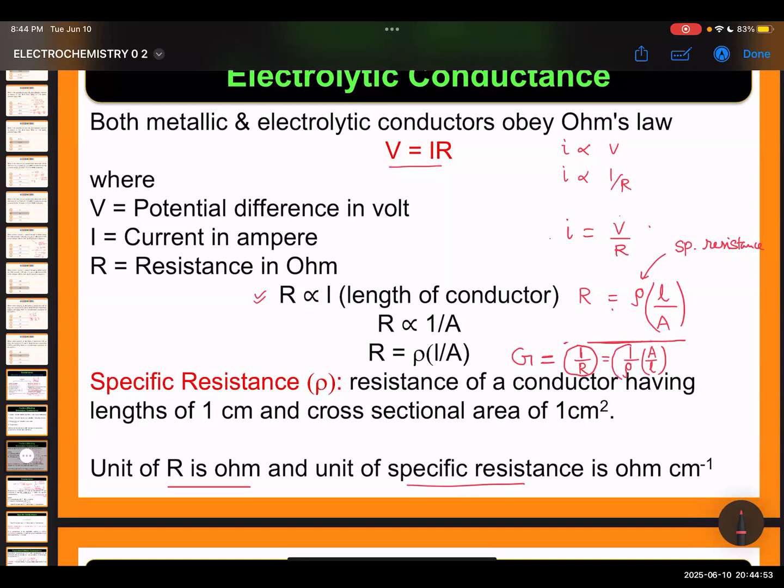And 1 upon rho, 1 upon specific resistance, is called kappa. Rho was specific resistance, so this reciprocal is specific conductance.